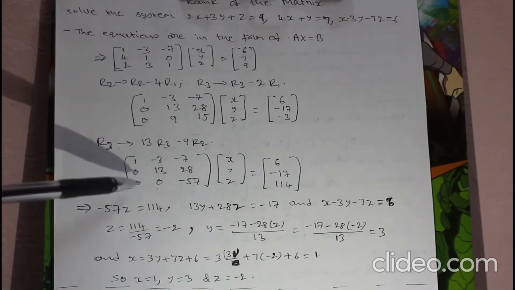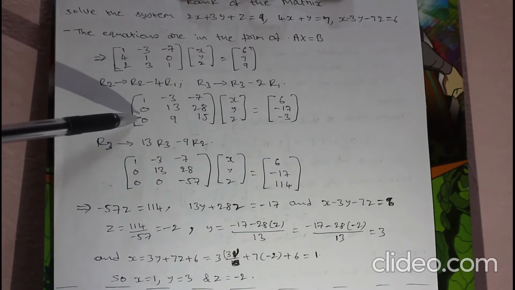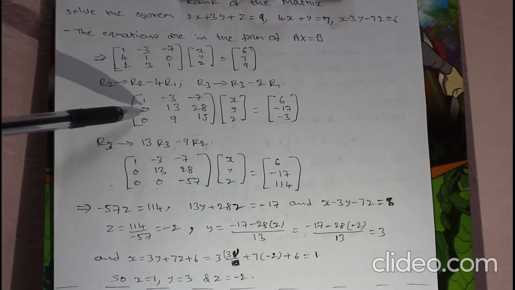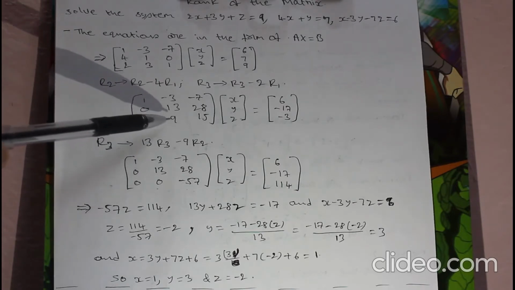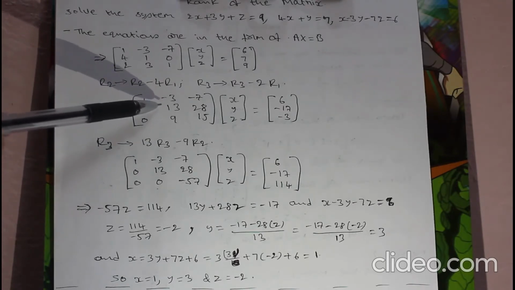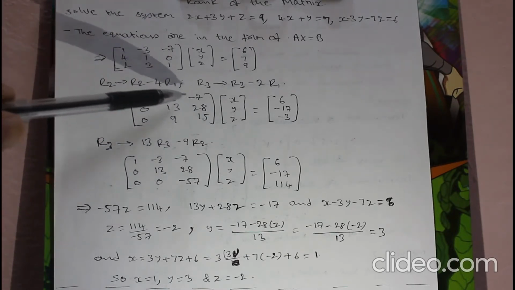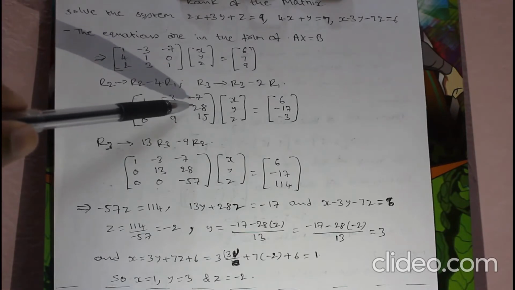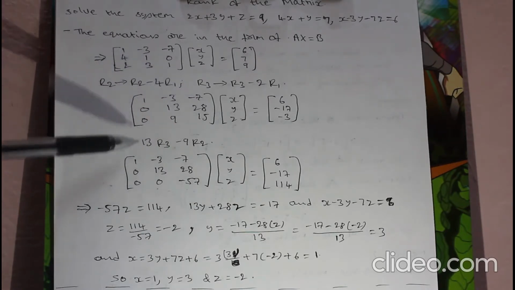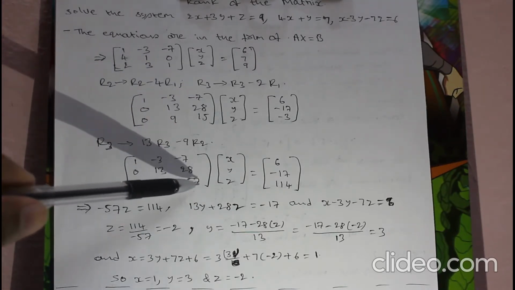So by that, here 0, 13 into 0 minus 9 into 0, 0. 9 into 13 minus 13 into 9, so that is 0. And here 13 into 15 minus 9 into 28, after calculating you will get minus 57.